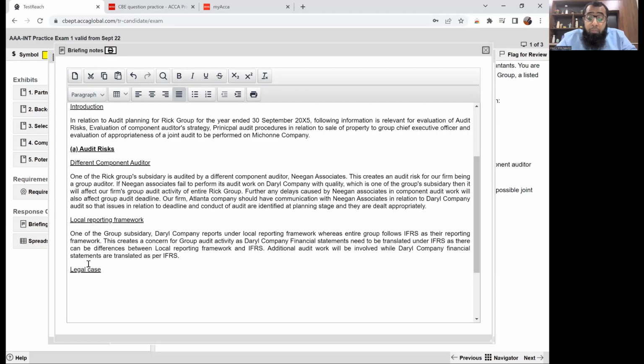RIG Group is facing a legal claim. So as per IAS 37, the present obligation does exist. RIG Group should consider the impact of the legal case in its financial statements, as a case filed against the company creates a present obligation against the company.